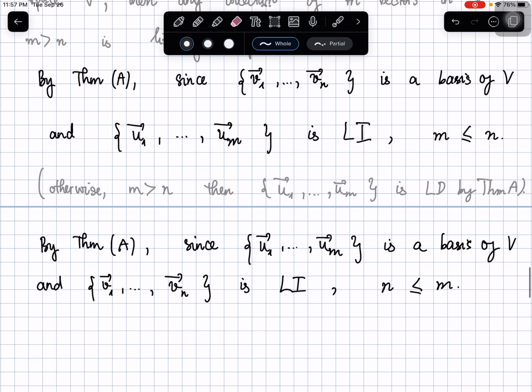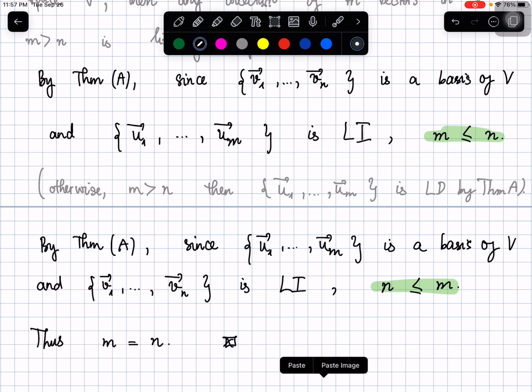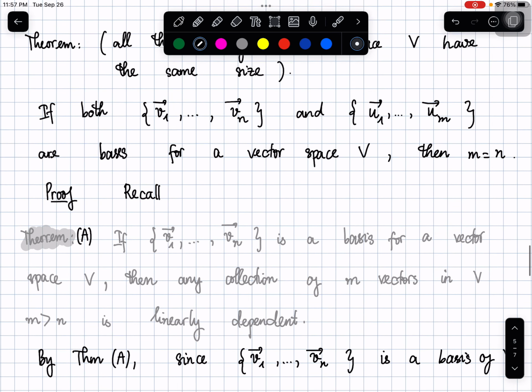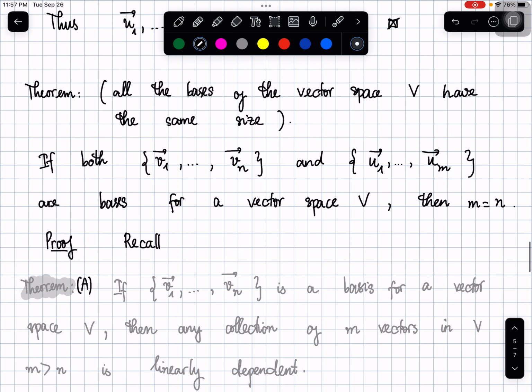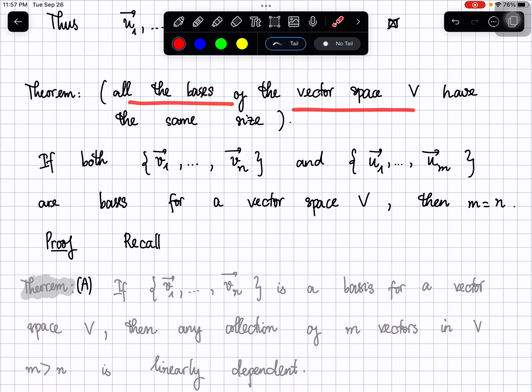So now we have two conditions. The first one is m is less than or equal to n. The second one is n is less than or equal to m. Therefore, m must be equal to n. This proves that any basis of a vector space must contain exactly n vectors. So, which proves the theorem: all bases of the vector space V have the same size.